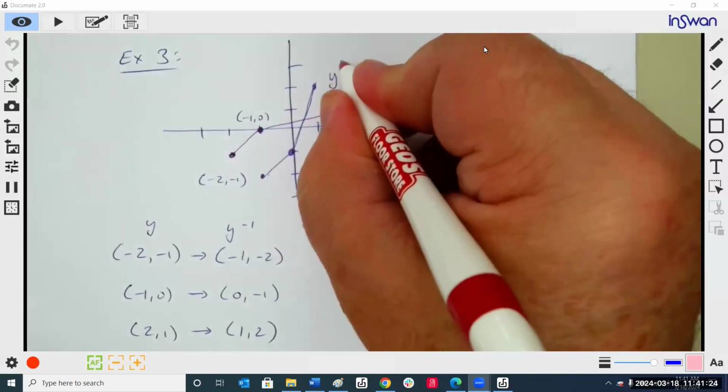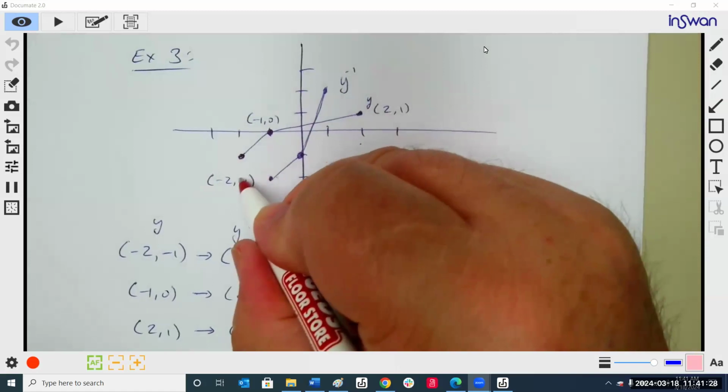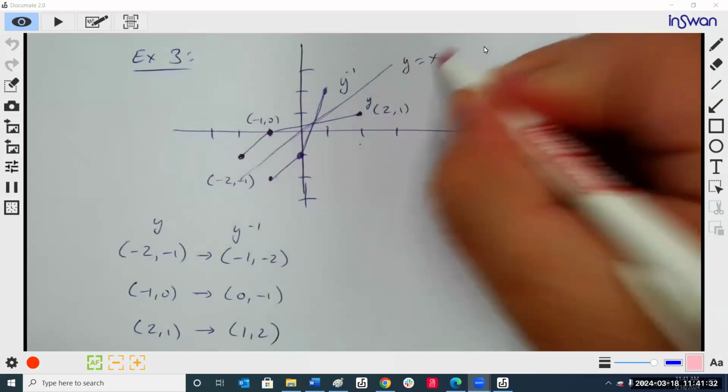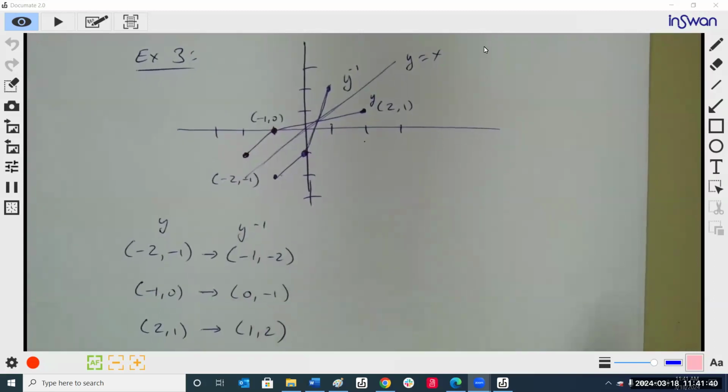So there is the inverse. Again, it's symmetric about the line y equals x. Yeah, so that's the easiest way. If you're given a graph, just switch the x and y values like this and then plot the points. Connect the dots. So yes, that's what I said. To answer your question, is it a rotation? Is it a flip? Yes. It's a little bit of both.